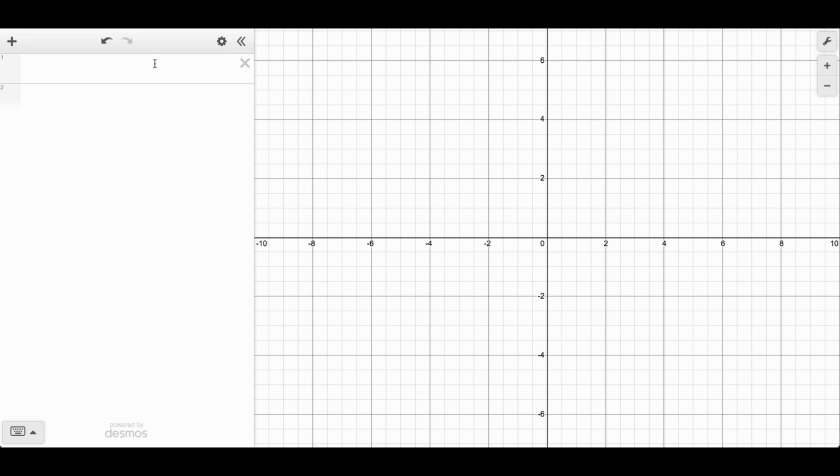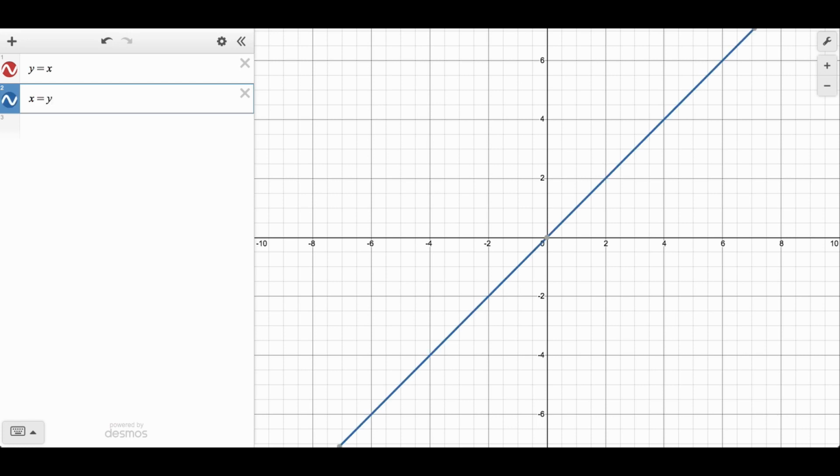Now, the simplest linear equation you can do is y = x. And this can also be x = y, because of the commutative property. And this is also equal to just x. You can see that these are all the same line, as shown by the different color that is not changing the line at all.